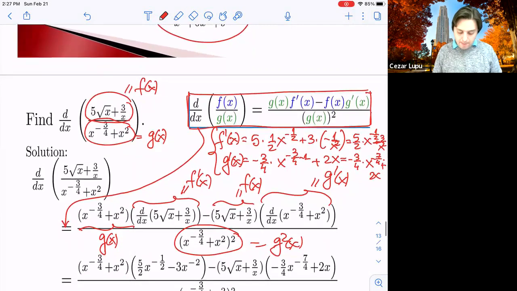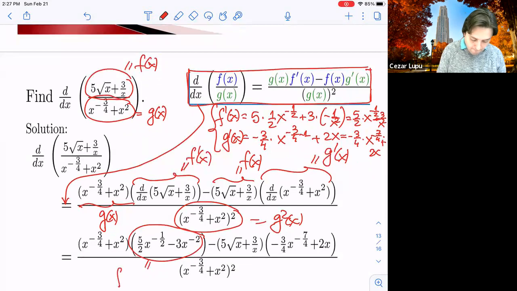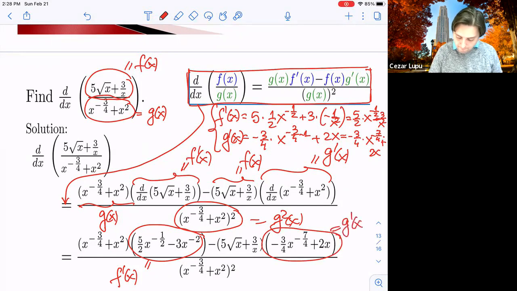So, as you can see them right here, this is the first one, f prime. And as we have seen, this is the second one, g prime. Let me look at them with another color.